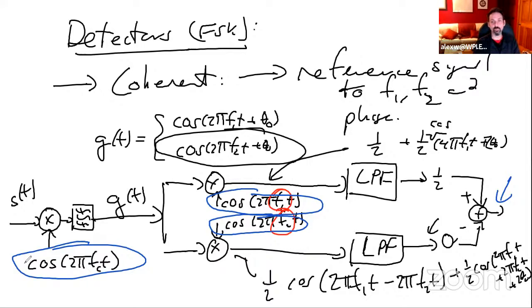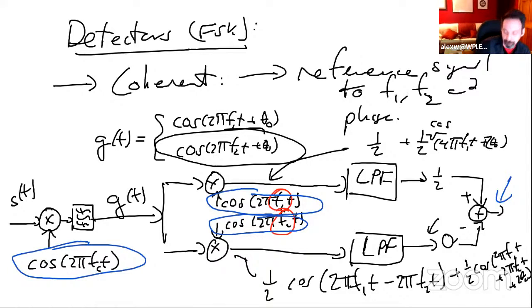This is if you don't want to mess around with bandpass filters at very high frequencies, where the allowable frequencies pass through and everything else is rejected. So this is one way of doing that.